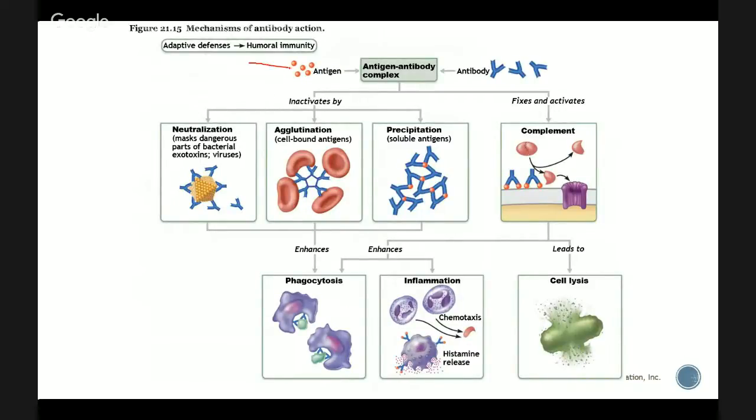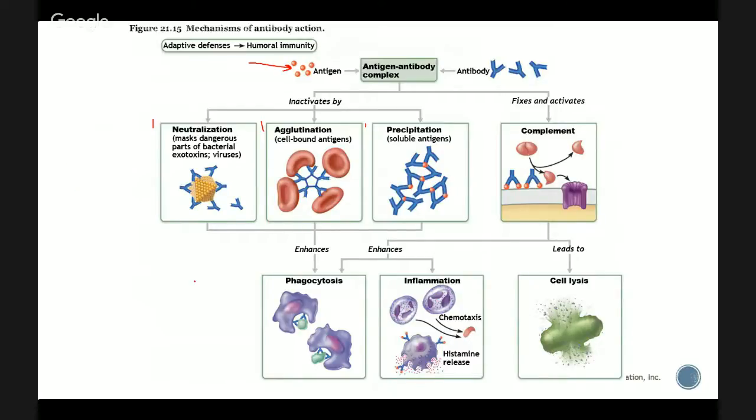When they encounter an antigen, they will do things. They're either going to neutralize the pathogen by masking the dangerous parts of the bacteria or virus, or they're going to agglutinate. They're going to stick to the cell, as in blood type incompatibility, or they'll engage in precipitation.